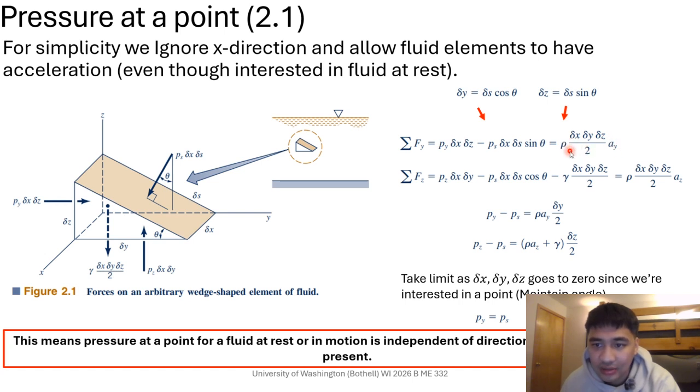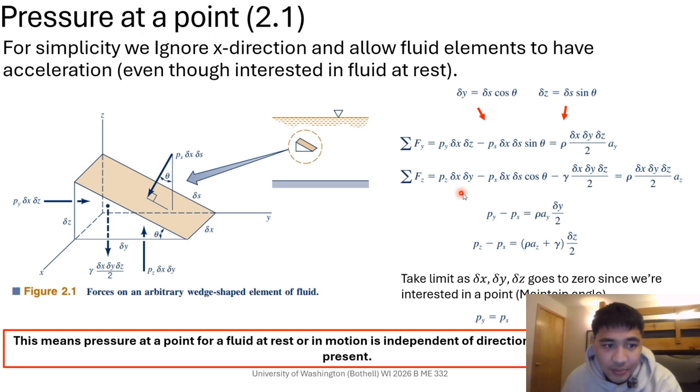Like I said, you can use your dimensional analysis. This rho is kilograms over meters cubed, this will cancel out the meters, meters, meters, so it's just kilograms times acceleration, so m times a. Same thing in the z direction here.